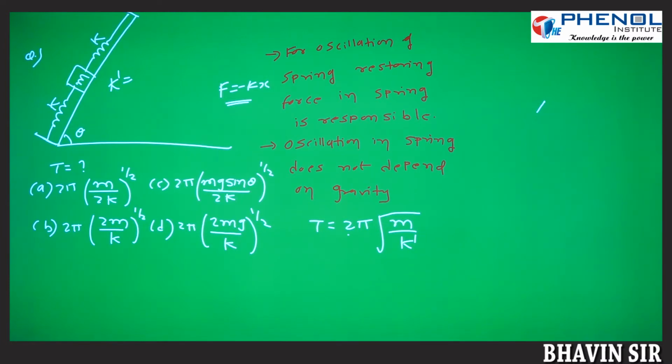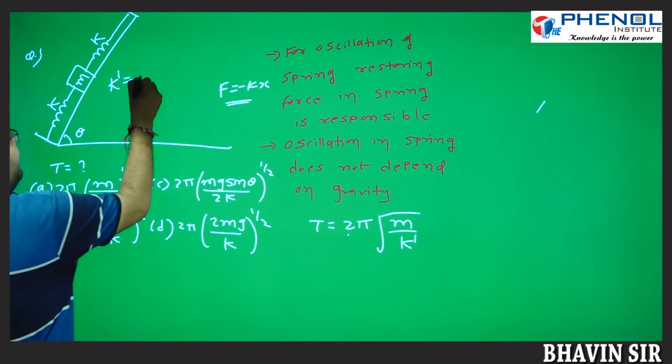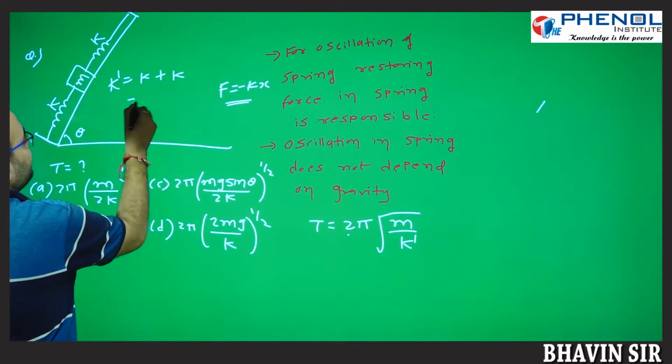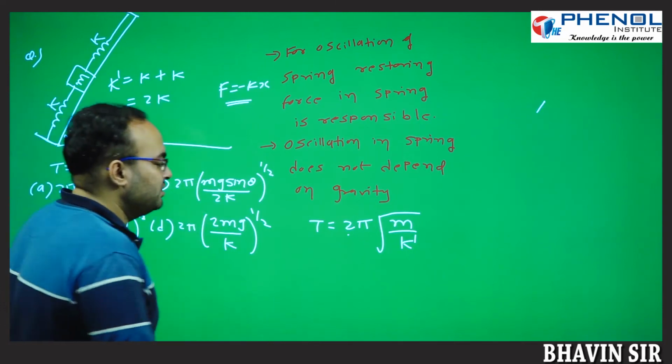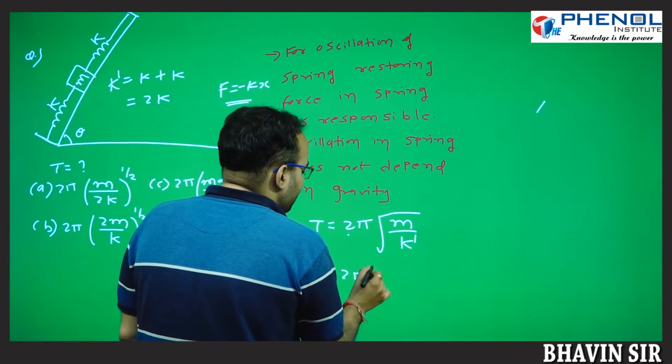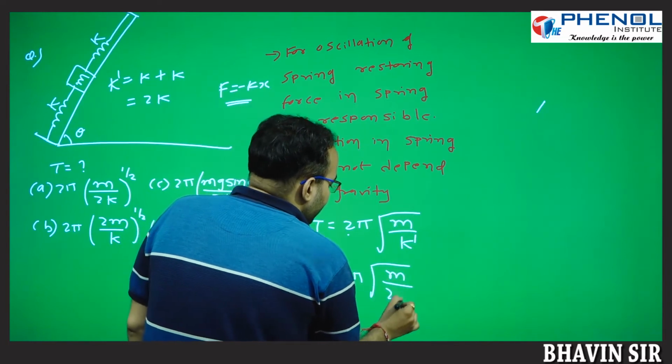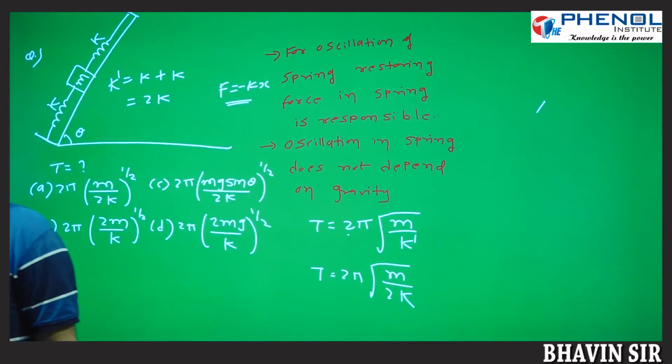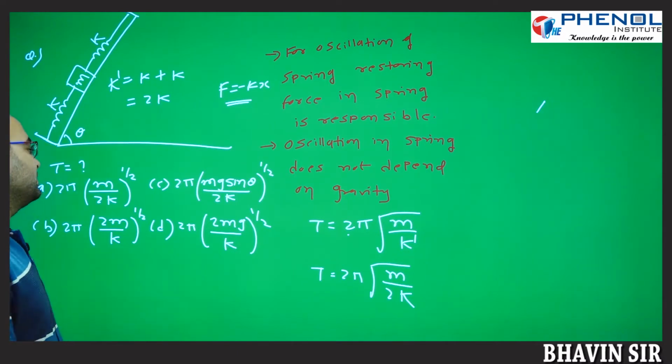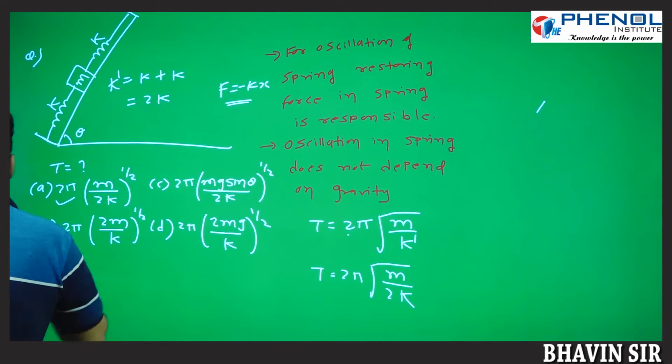So the equivalent spring constant is k plus k, which is 2k, because of direct addition. So what is our answer? T is equal to 2 pi root m by 2k.